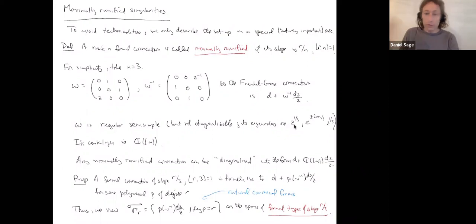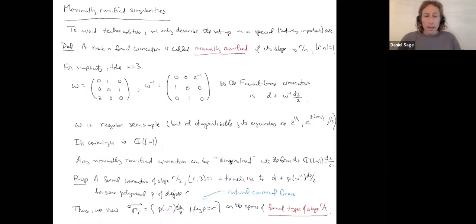And for example, the Levelt-Turrittin form requires passing through this ramified cover. However, it is regular semi-simple. That means that its centralizer is still a maximal torus, or Cartan subalgebra in the Lie algebra, by which I simply mean that if you pass to the algebraic closure, it is diagonalizable and just looks like the diagonal matrices.